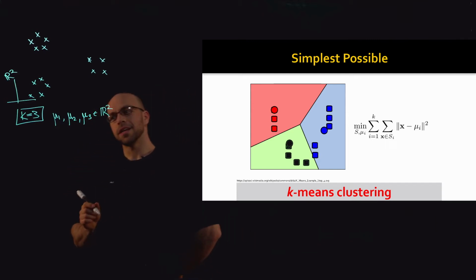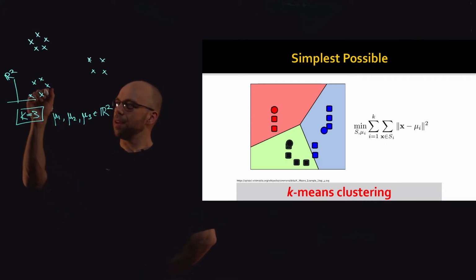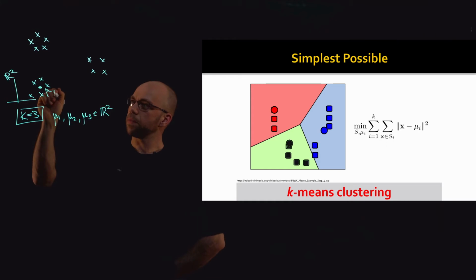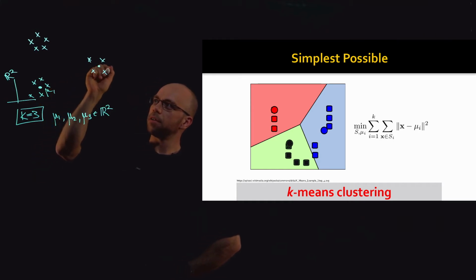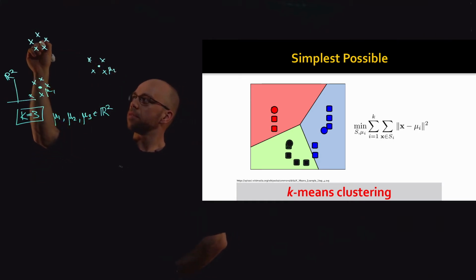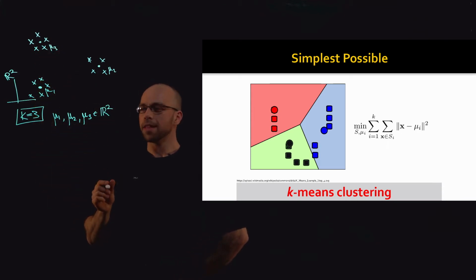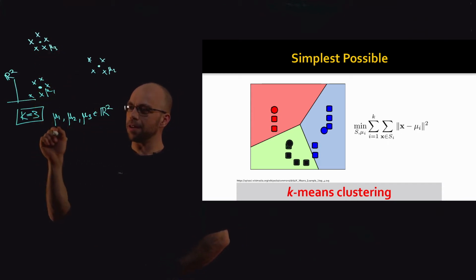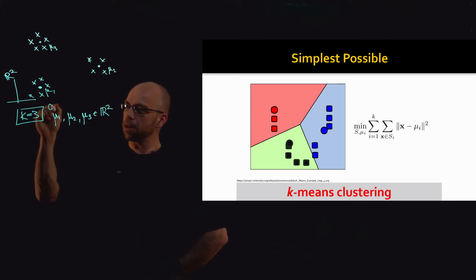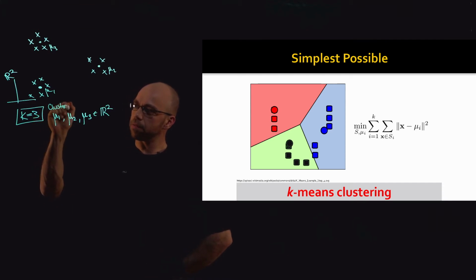And essentially, I can think of them as the cluster centers. So for example, in an ideal universe, I'd probably place mu1 somewhere over here, I'd place mu2 somewhere over here, and I'd place mu3 somewhere over there. So that's the variable mu, and usually we call these the cluster centers.